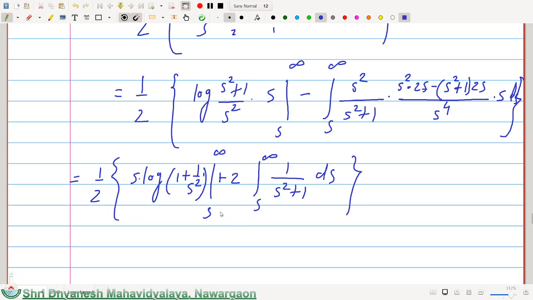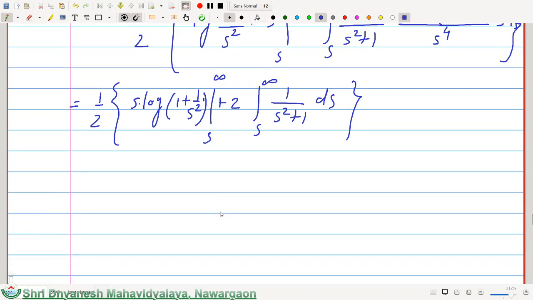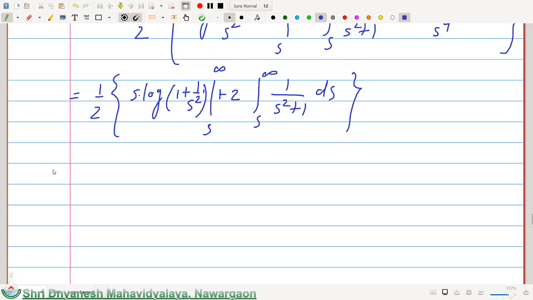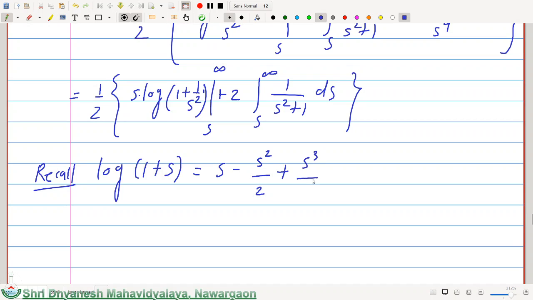Before going to the next step, let me show you the logarithmic series. Recall it, because we are going to use that here. Log of 1 plus s is s minus s square upon 2 plus s cube upon 3 minus, and so on.